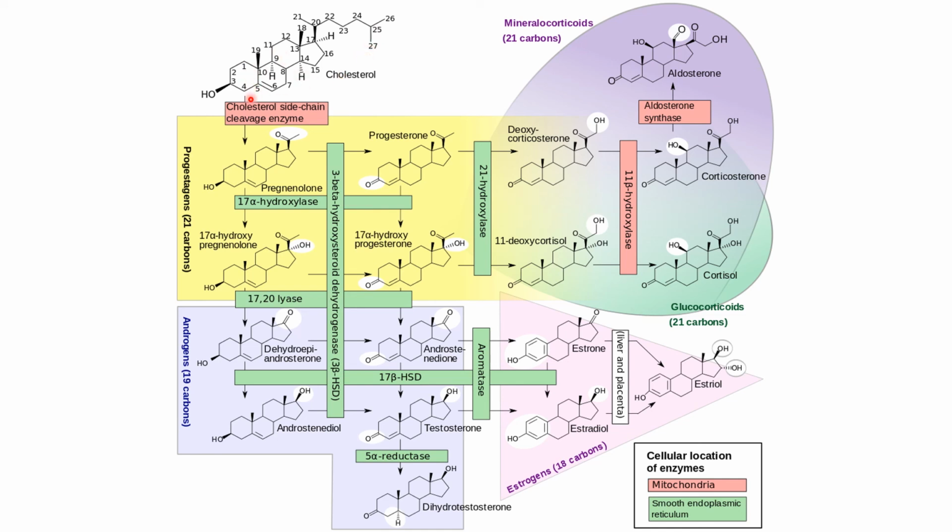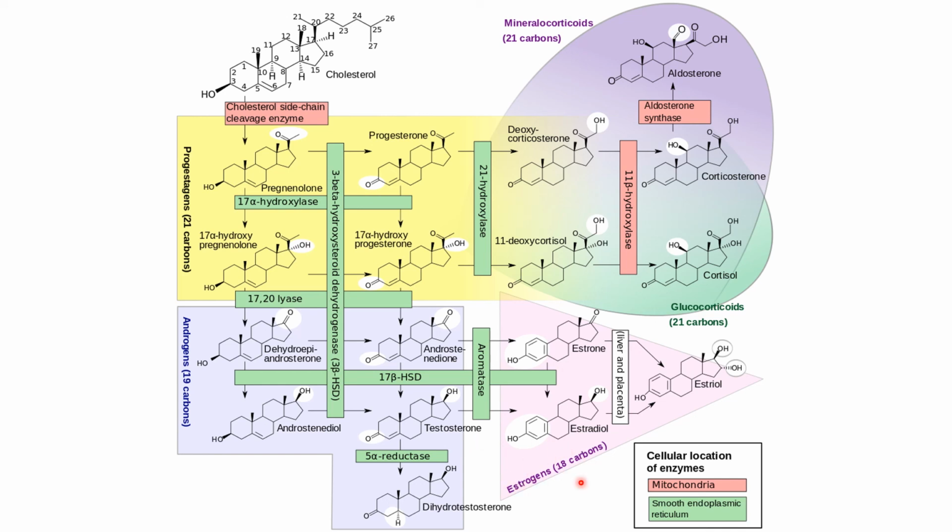But cholesterol can turn into both androgens. So androgens we tend to think of as male sex hormones, although the amount that males have is higher, but females also will have androgens. They're essential for female behavior as well. We can also make estrogens, which we tend to think of as female hormones, but men will also have female hormones, estrogen.